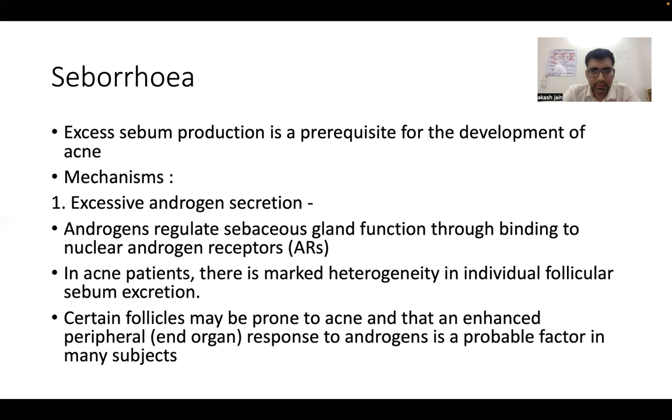Androgens regulate sebaceous gland function through binding to nuclear androgen receptors. In acne patients, there is marked heterogeneity in individual follicular sebum secretion. Certain follicles may be prone to acne, and an enhanced peripheral or end organ response to androgens is a probable factor in many patients.